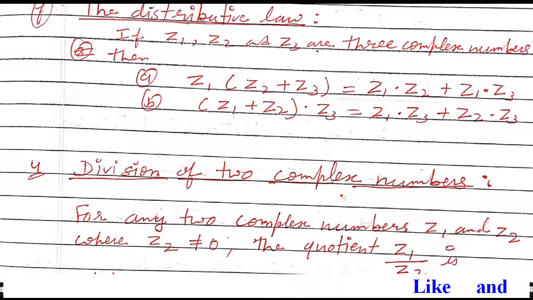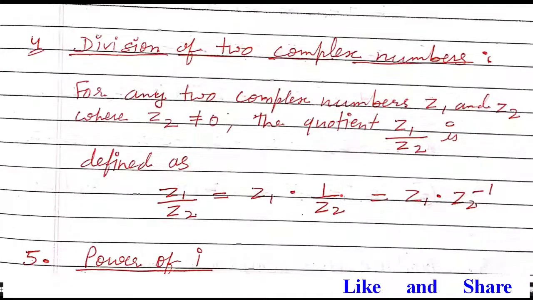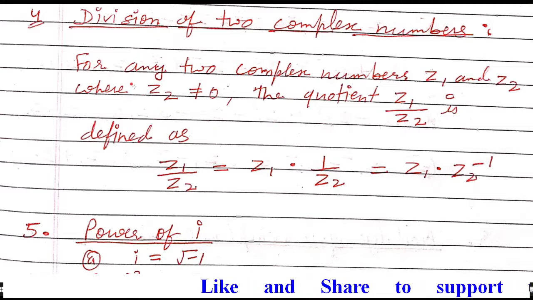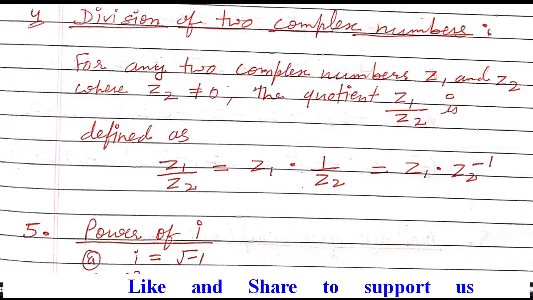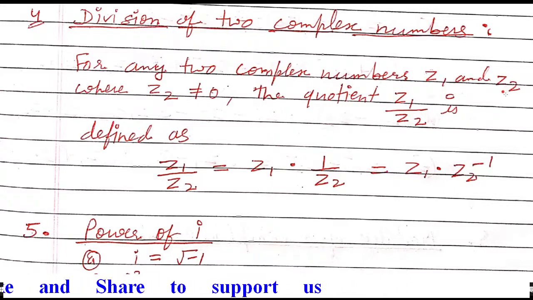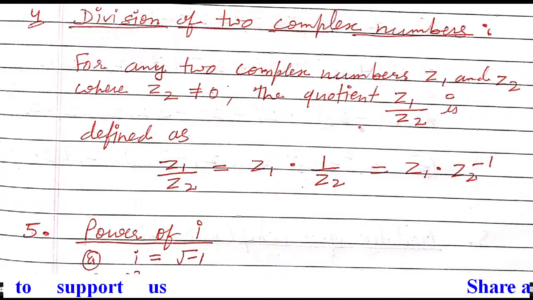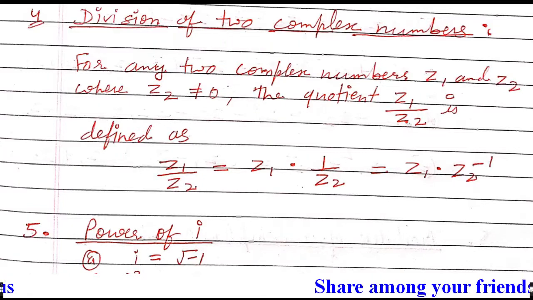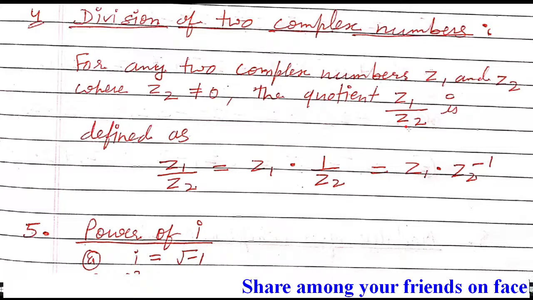Now we will move to the division of two complex numbers. How can we divide two complex numbers? So if we have two complex numbers, z1 and z2, among them the divisor I took as z2. So z2 is non-zero because the divisor should not be 0 here. If it is 0, then you know any number divided by 0 is infinity.